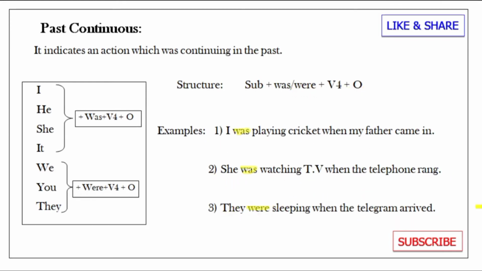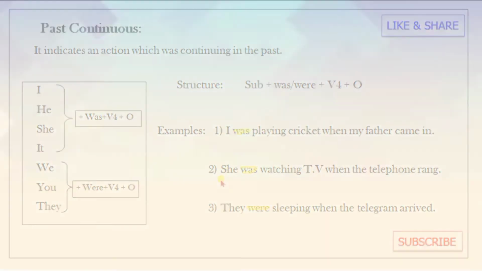When we use past continuous tense, two actions are done in the past, one action in the past, and at that time what was continuing in the past, then we construct in past continuous tense. According to these helping verbs and this structure, we constructed past continuous tense.